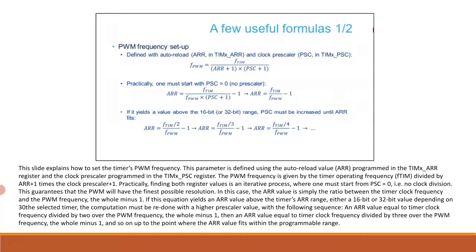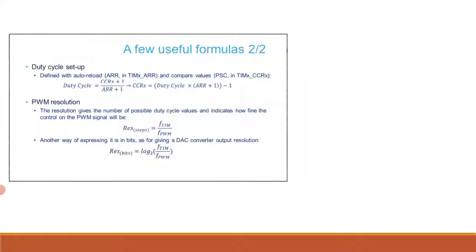How to program a duty cycle for a given PWM frequency? This parameter is defined using the auto-reload value ARR programmed by the same TIMx_ARR register and the compare value programmed in the TIMx_CCRx register.